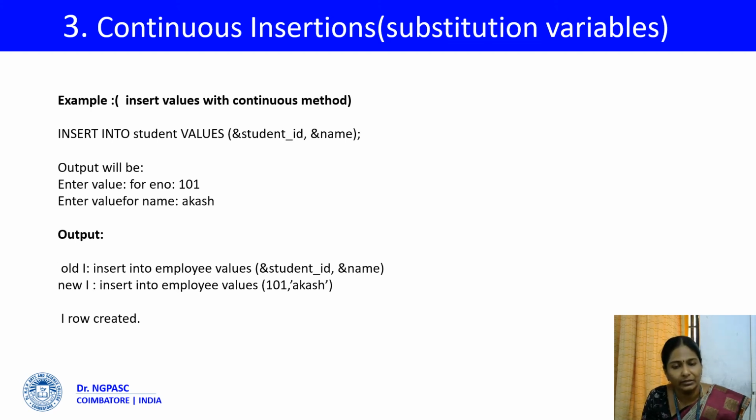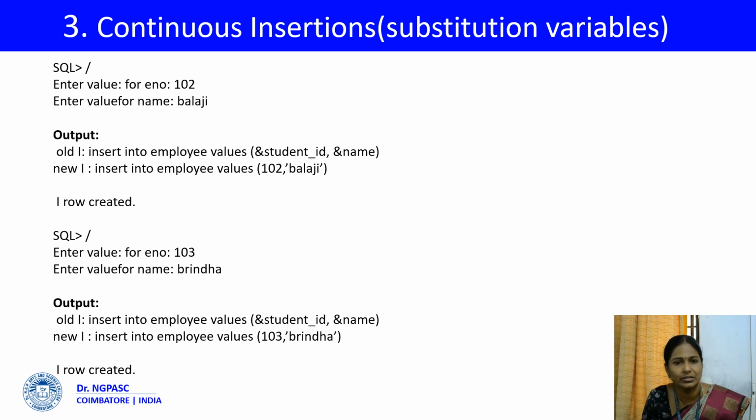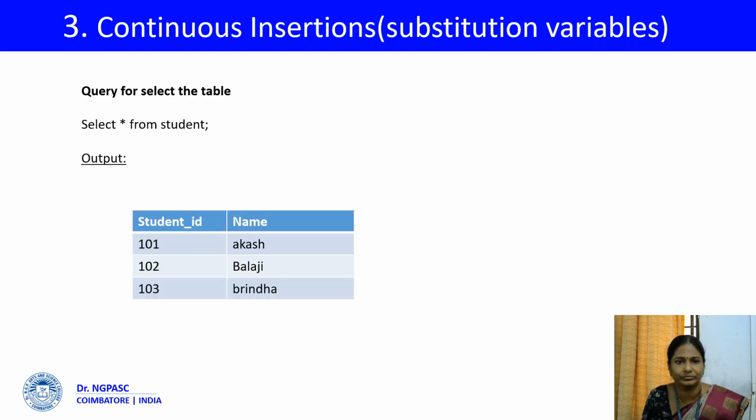If you want to enter the next record, just enter a slash at the prompt. Automatically the cursor asks for another record of student ID and name. In that way you can enter more than one record with a single insert statement.